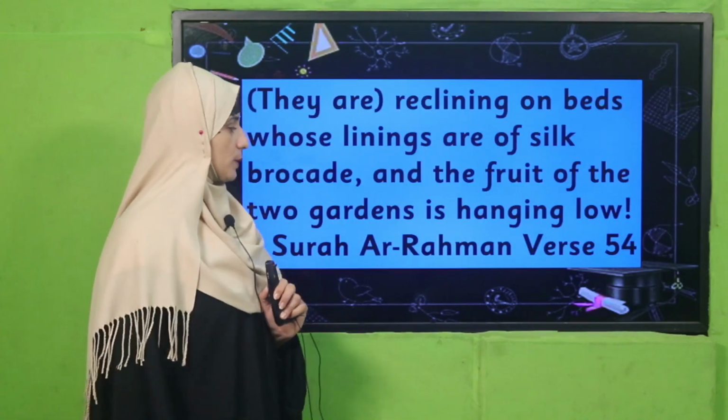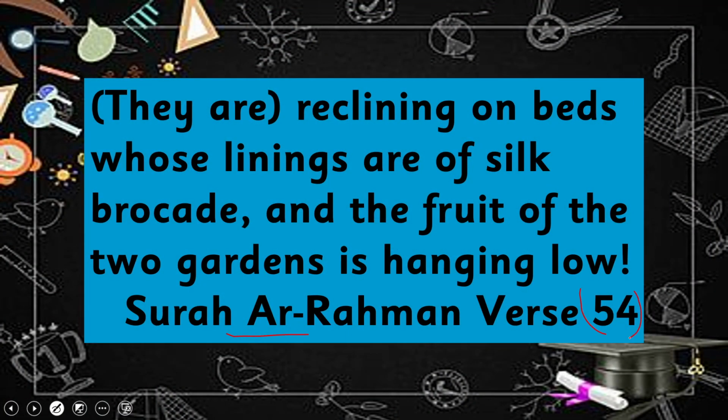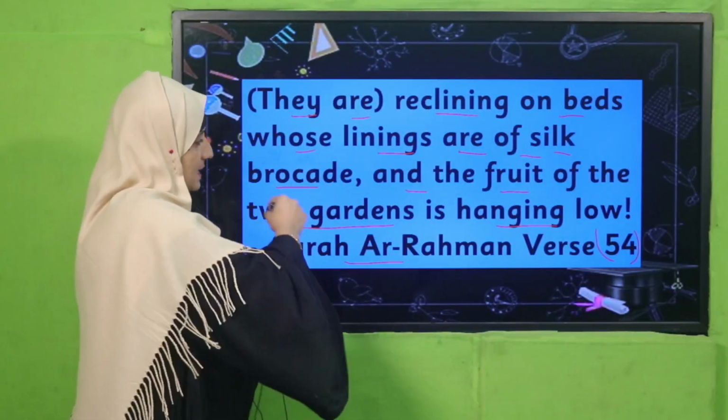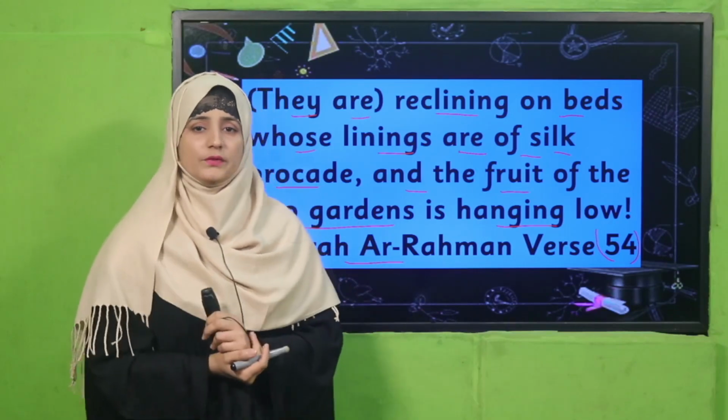Allah subhanahu wa ta'ala mentions in Al-Quran, Surah Ar-Rahman, verse number 54: They are reclining on beds whose linings are of silk, brocade, and the fruit of the two gardens is hanging low. Wow. So my dear students, this is the picture of heaven, how we will live in heaven.